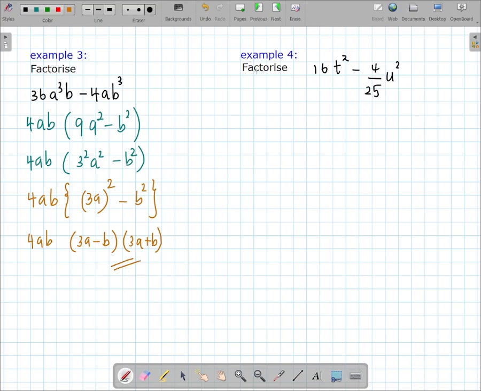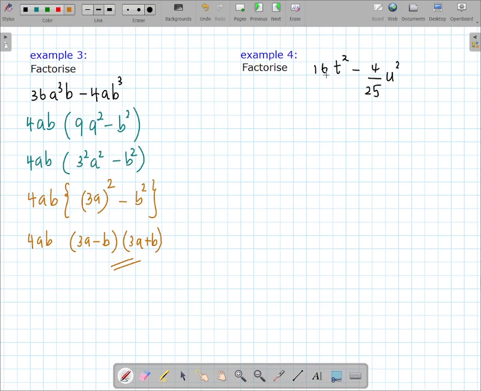Example 4. Factorize 16t to the power 2 minus 4/25 u to the power 2. First of all, check the variables, that is t squared and u squared. Then the numbers 16, 4, 25. 16 can be written as 4 to the power 2. 4 can be written as 2 to the power 2. 25 can be written as 5 to the power 2.